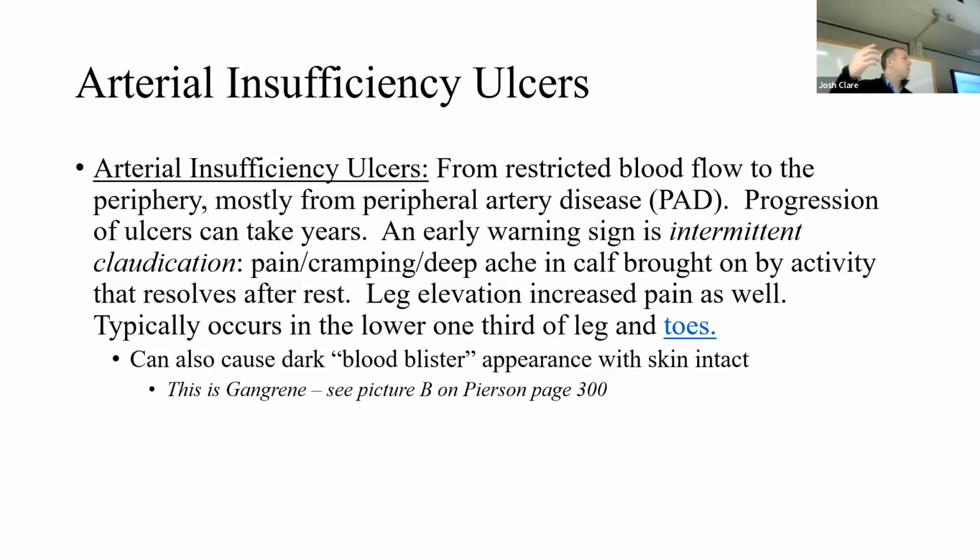Anybody? No? All right. Walk me through what's happening. So we ask our patient, hey, let's walk on the treadmill, let's ride the bike, let's do lunges, whatever it might be. Why is there a deep pain, ache in the calf brought on by activity, but once we rest, it's relieved? What's the physiological thing that's happening? Exactly. Activity is increasing the demand of blood because blood has all of the oxygen and nutrients, right?